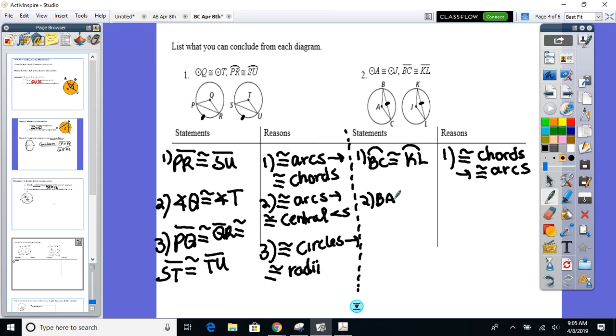So BA congruent to AC, congruent to KJ, congruent to JL. Congruent circles imply, I'm rubbing it in, congruent radii.